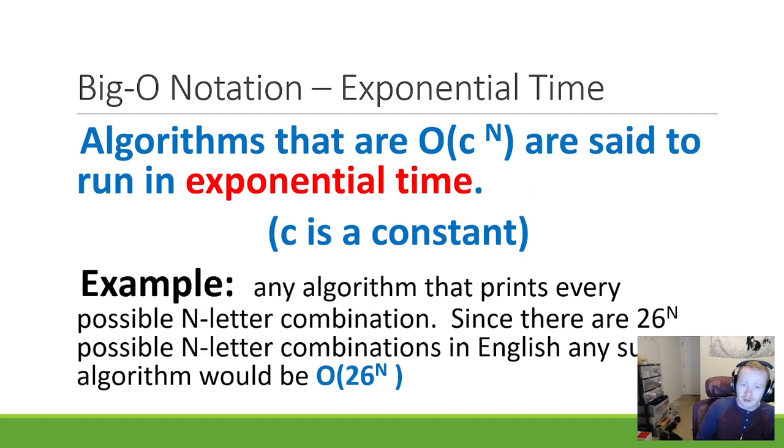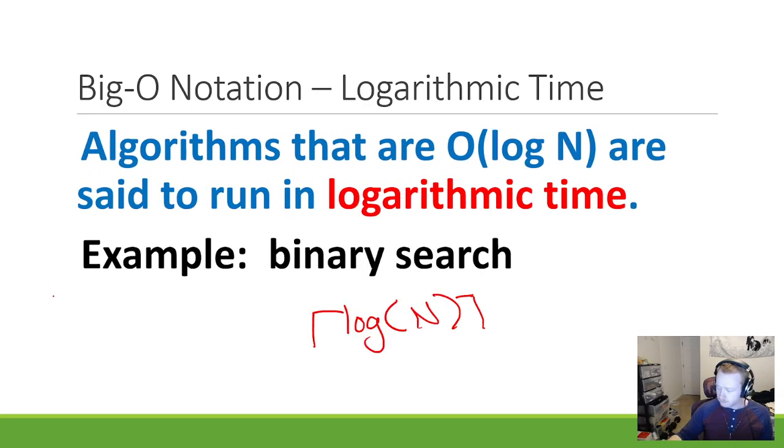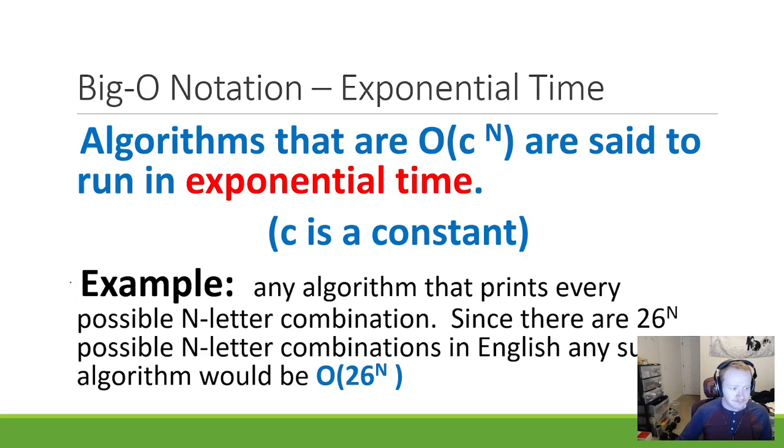Finally, we have exponential time. If you have an algorithm in exponential time, I'm sorry, it will never get done. An example of it is if we wanted to take every possible n letter combination. So if we had every 1 letter combination, that's just going to be the alphabet, A, B, C, D, E, F. If we had every 2 letter combination, it would be AA, AB, AC, and so on.